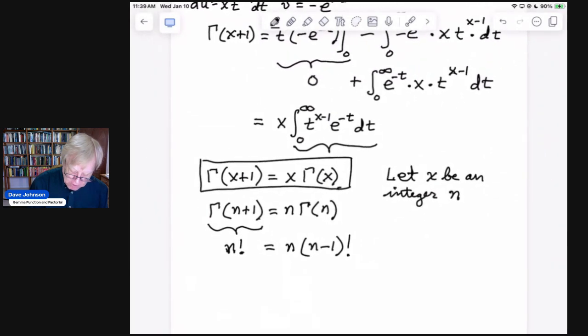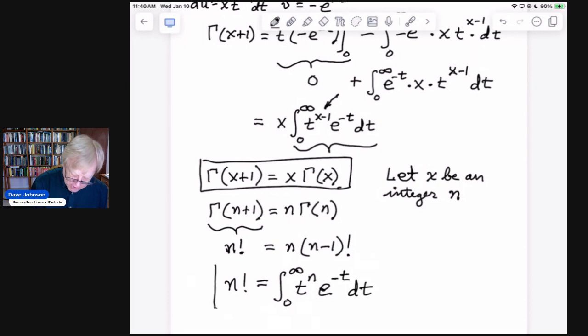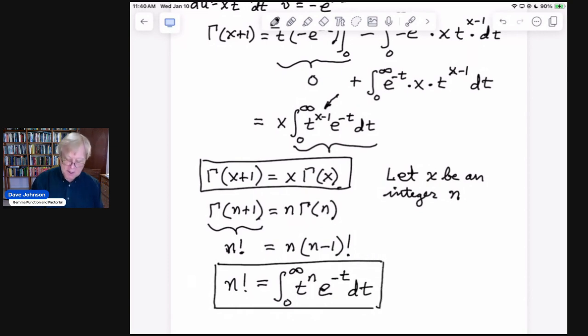Well, if you plug in n plus 1 in for x right there, what we get is that n factorial is equal to the integral from 0 to infinity of t to the n e to the negative t dt. And that's actually the useful property that we're going to use later on in another video to do interesting things.